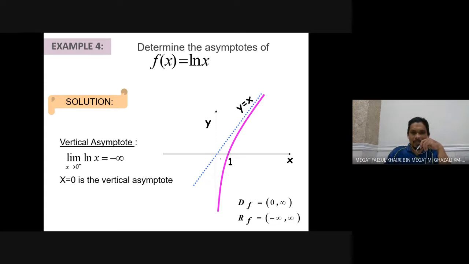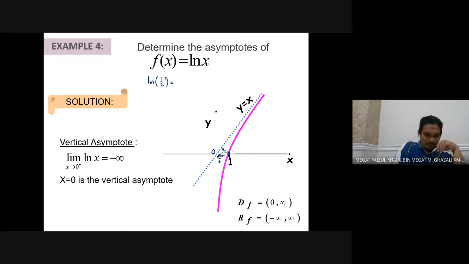When x approaches 0 from the right, natural log, between 1 and 0, let's say I choose the value x equals 1 over 2. So natural log of 1 over 2.